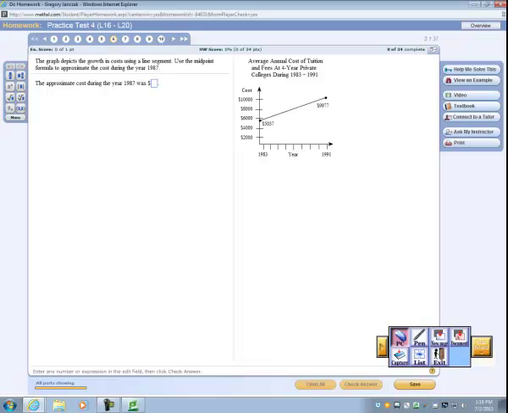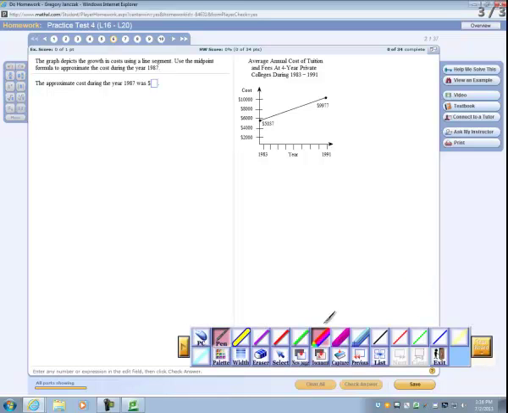So you take these 2 points and you want to find your midpoint right here. Well, your mid-year is 1987, but you don't know what your cost is going to be yet.